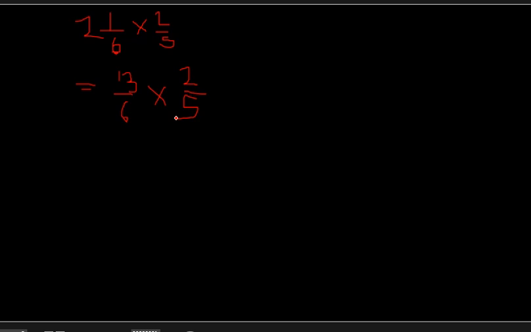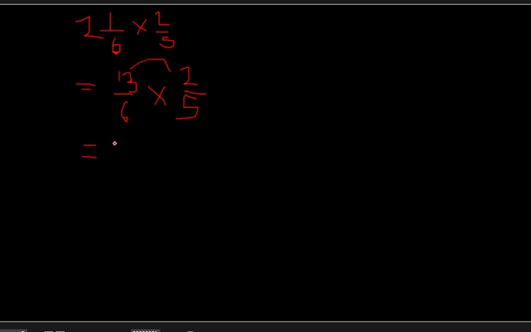Addition and subtraction is a little bit different from multiplication and division. Here, there's no need for you to look for common denominators. You just multiply direct, numerator by numerator over denominator by denominator.